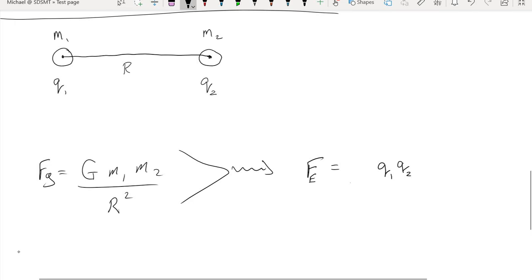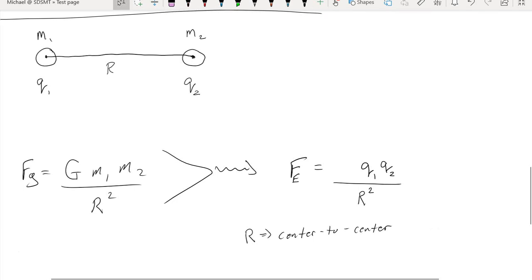Coulomb also found that the separation distance between the charges followed the same inverse squares relationship. Now, technically, we should still call R the center-to-center separation distance. But when you're dealing with particles which are already so small, let's say that these two particles were both protons, and these protons are 10 centimeters apart.